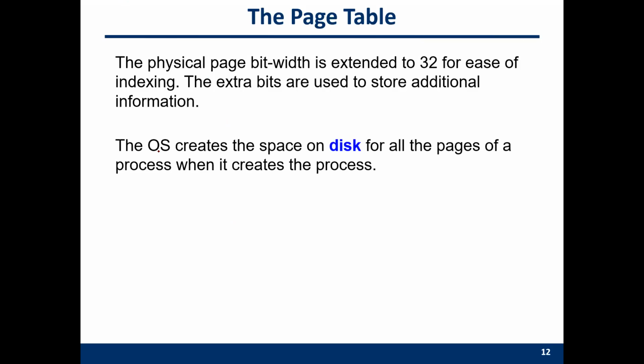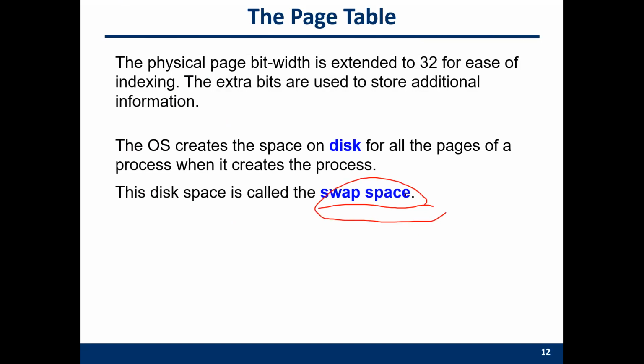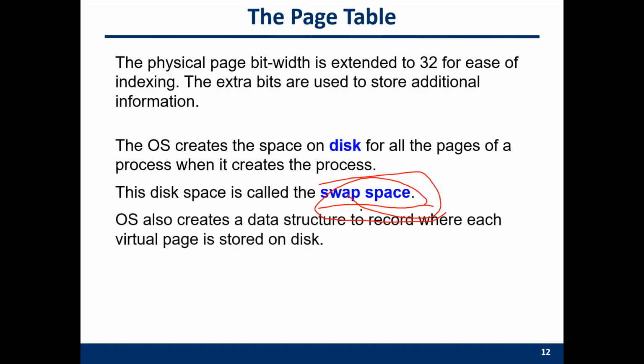So the operating system can actually map all the virtual addresses to the disk when it creates the program or the process. So the disk space is the so-called swap space. Once you install something on Linux, or on the Linux operating system, you will find some swap disk, a swap space.